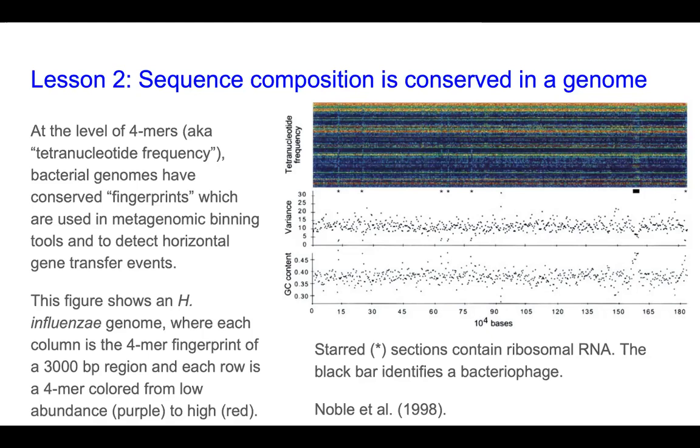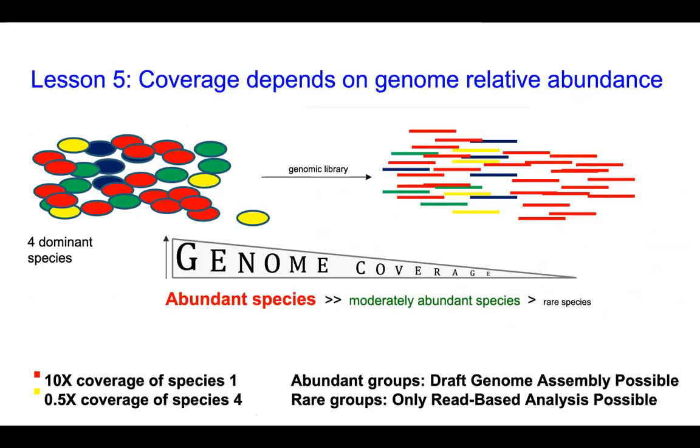Then genome coverage is proportional to organism abundance. This is not entirely true, because there are biases in DNA extraction, for example, and might be some biases in processing.